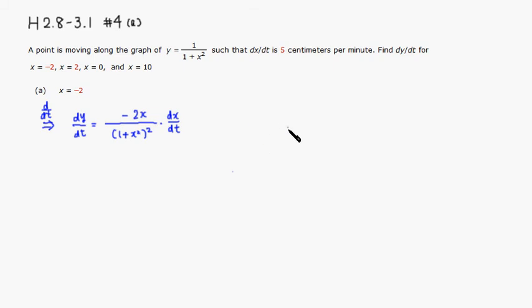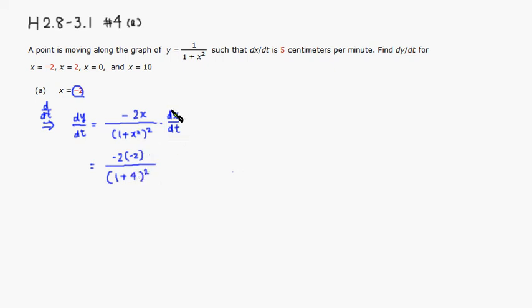All right, and then after that you just have to plug in numbers. So this is going to be -2 times, x is -2 for part A, so put -2 over the quantity 1 plus -2 squared. I'm going to go ahead and write 4 squared.